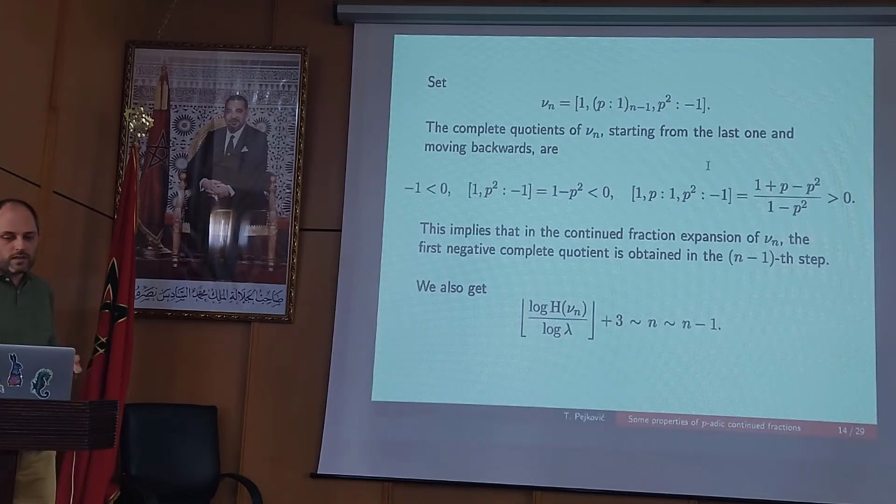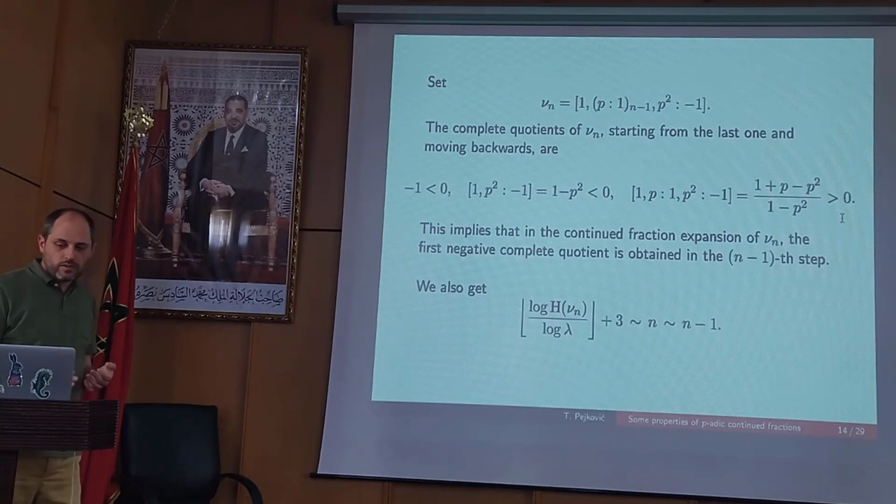The complete quotients of this number starting from the last one and moving backwards are minus 1, which is negative, then the next one is 1 plus p squared over minus 1, which is also negative, but the one before that, which is 1 plus p over 1 plus p squared over minus 1, is positive. So all the rest before that obviously also have to be positive.